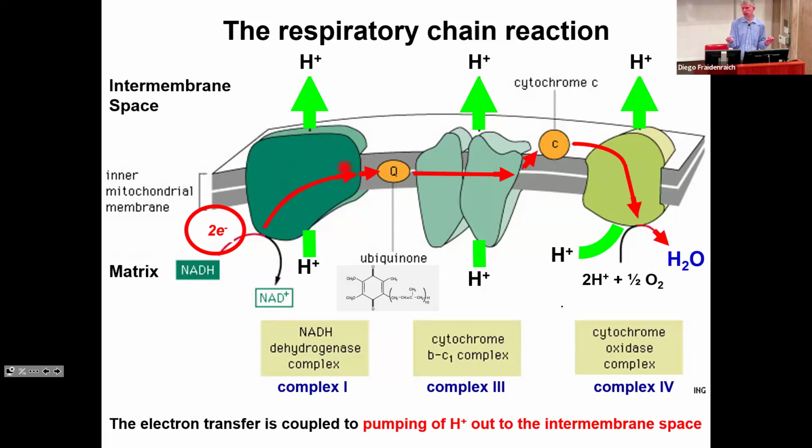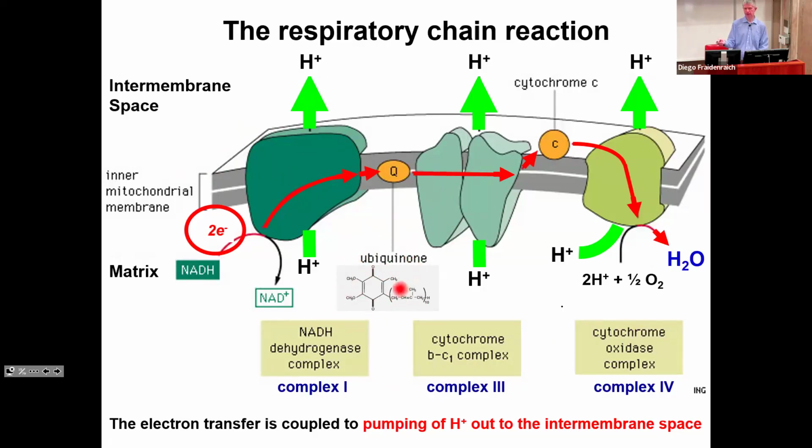A small portion of these complexes are encoded by mitochondrial DNA. So there would be complex 1, 3, 4, just roughly speaking.